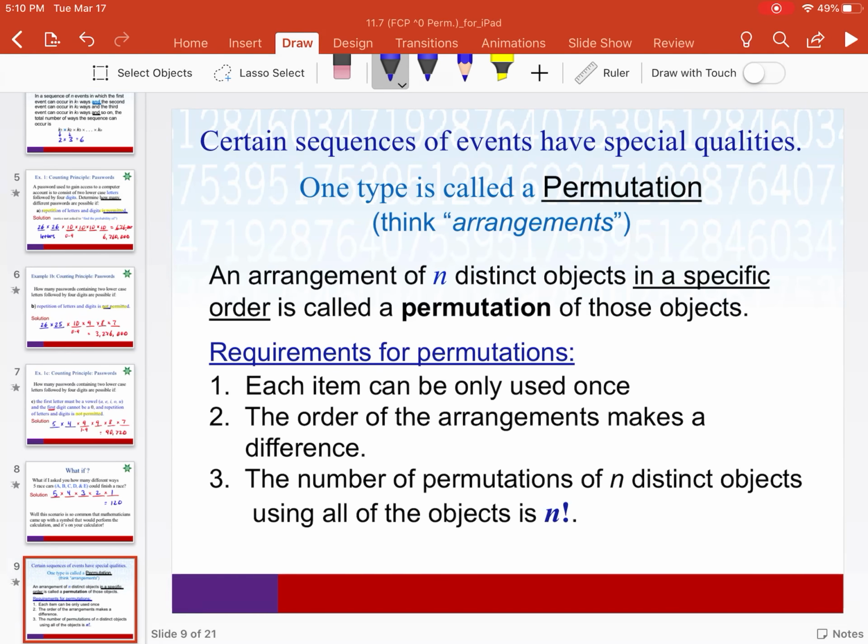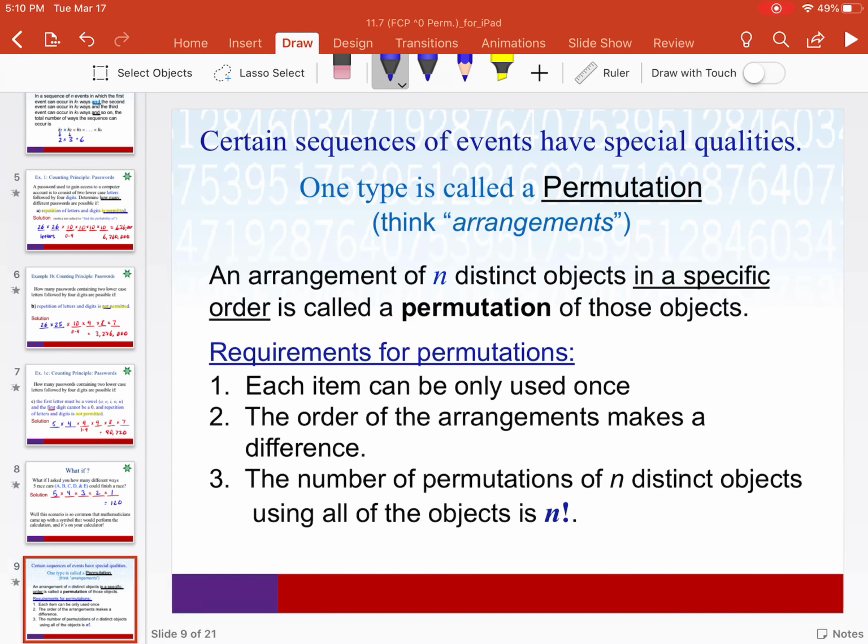So the arrangement of n distinct objects in a specific order is called a permutation. In the previous problem, there were 120 permutations of those race cars, 120 different ways they could finish. Here are the requirements. Each item can be used only once, and these actually make sense.